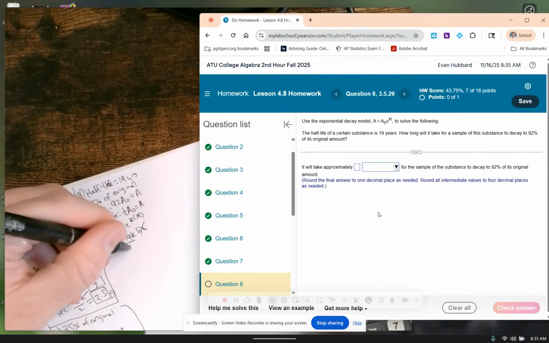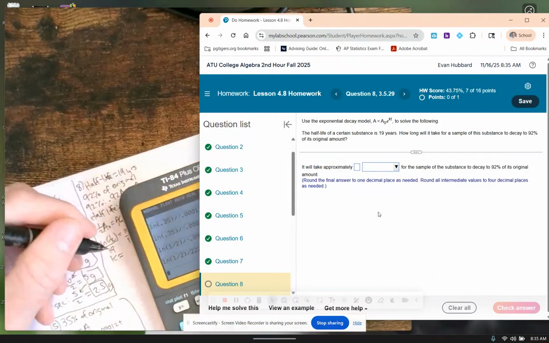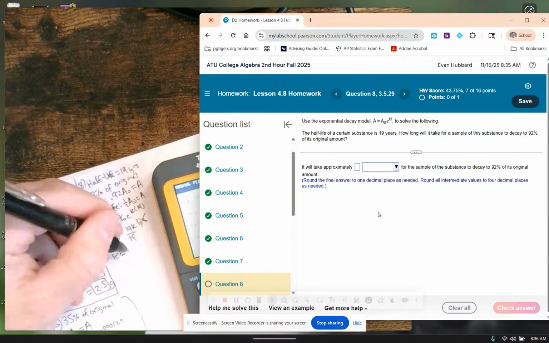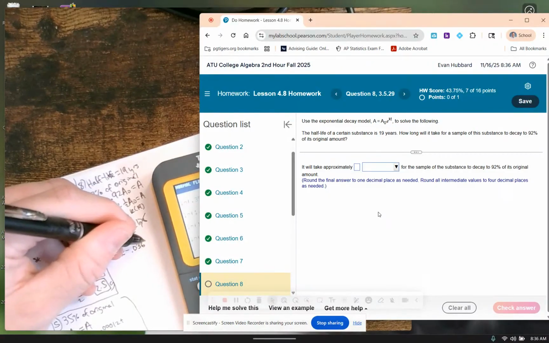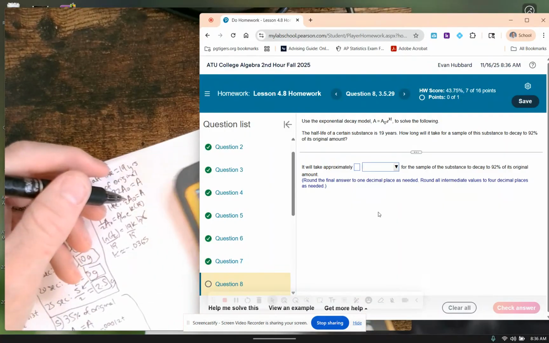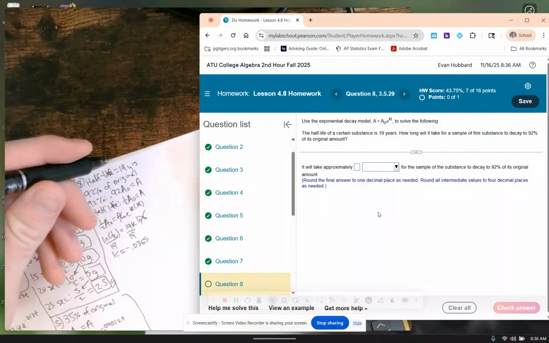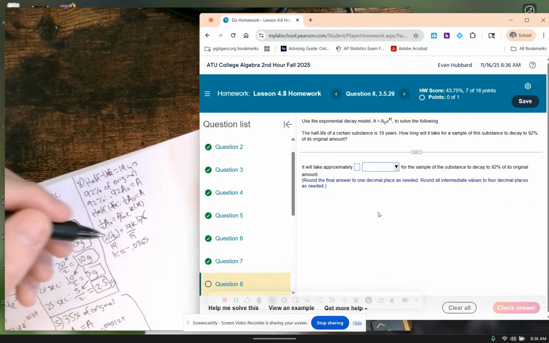Divide by 19. So K is ln of 1/2 divided by 19, which is negative 0.0365. I'm not sure how many decimal places. Okay, 4 decimal places. All right, and that's important. They've got to tell you, because if they don't tell you, then that's going to make an impact.